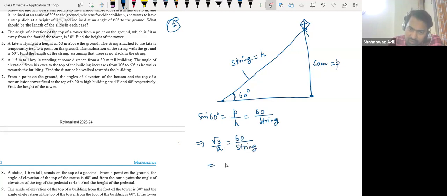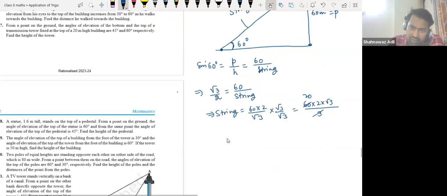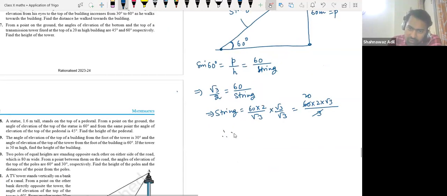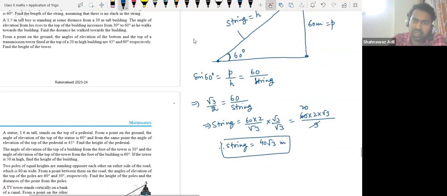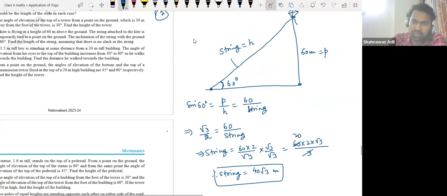So string would be 60 into 2 by root 3. Again, we rationalize this. This becomes 60 into 2 root 3 divided by 3, so this is 20 into 2 root 3, which is 40 root 3. This would be the answer. Okay, please note it down.